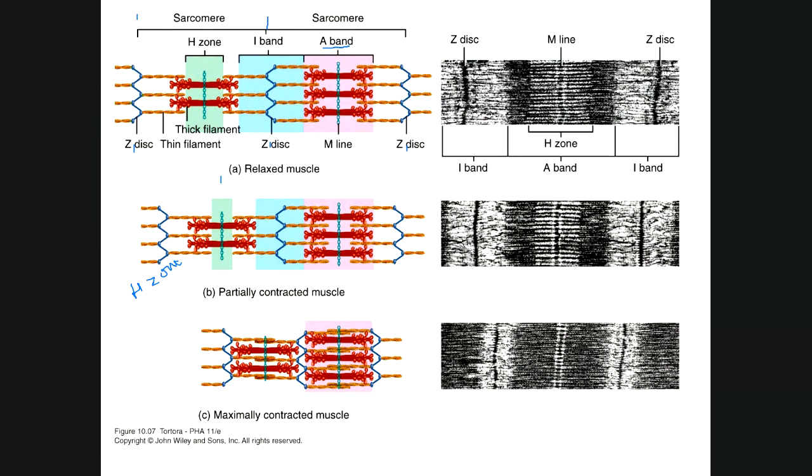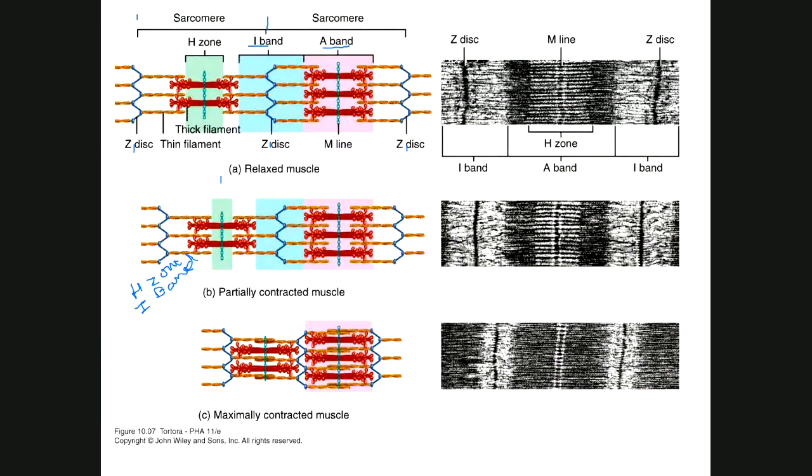The I bands also get smaller and disappear. And the I band has what? Only thin filaments. How about the A band, the region of overlap? That's going to remain the same because they are overlapping each other.